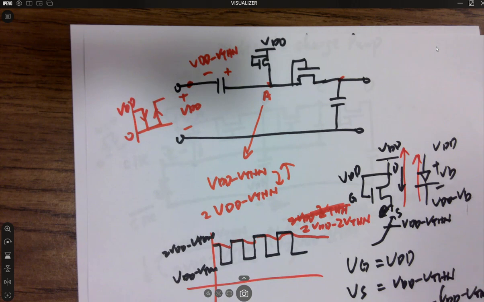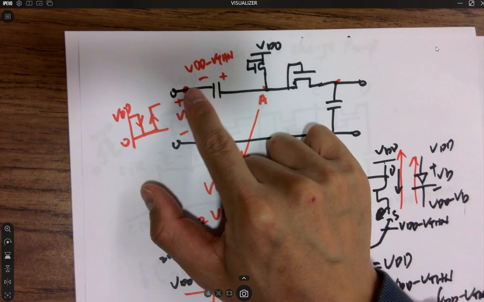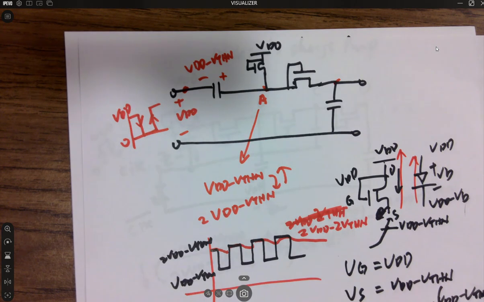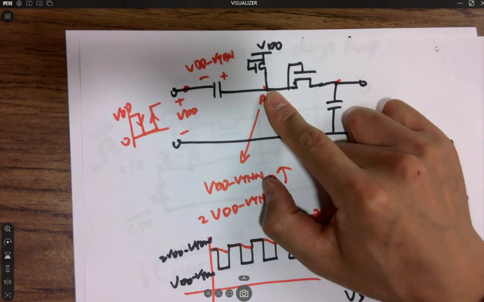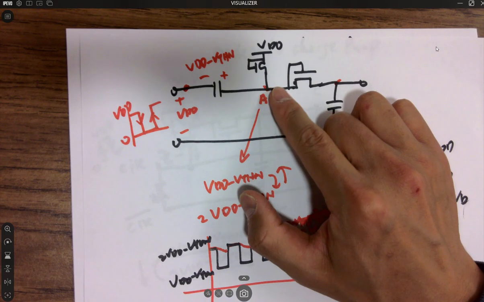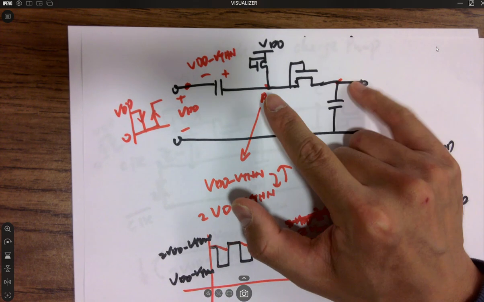You're always feeding 0 to VDD pulses to the input of this point. You don't have to worry about the inverter at all. So A is just asking what the range of voltages is that oscillate, from where to where, for A and the output, 2 nodes.